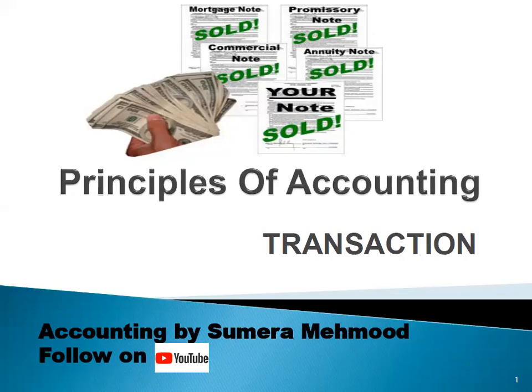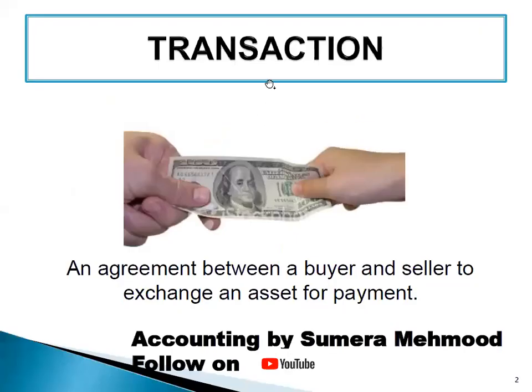In the last few lectures I discussed this with you, but again I am giving you the main description and detailed discussion of this word and terminology. If I speak about the word transaction, you can see in the picture that a transaction involves money.